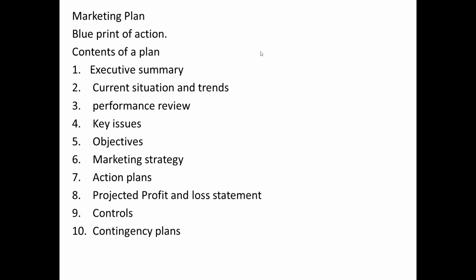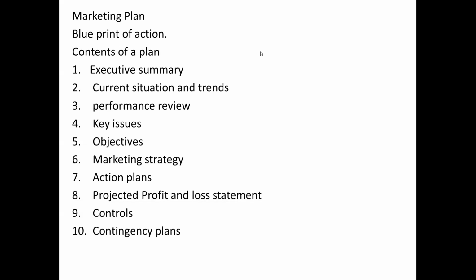Similarly, the performance review. Now here, in the performance review, the company takes into account the overall performance of the company and the overall performance of the particular product. So here they analyze the product portfolio.